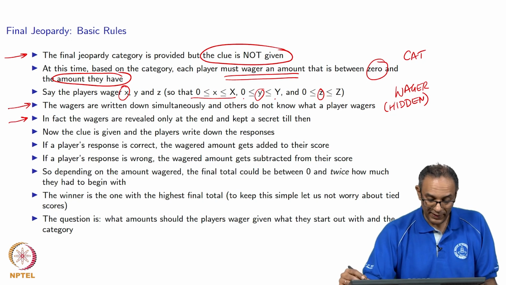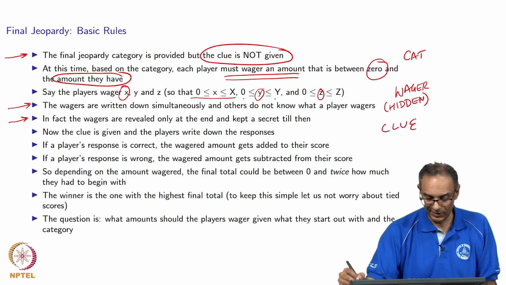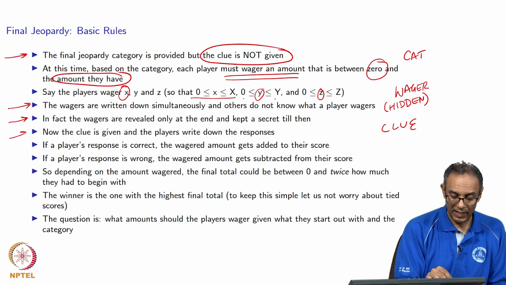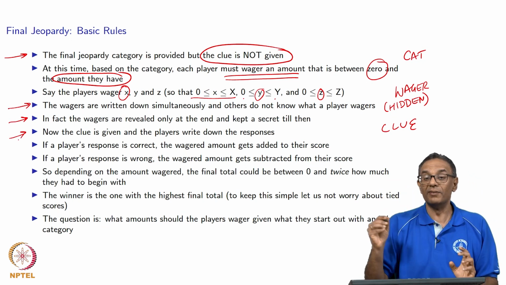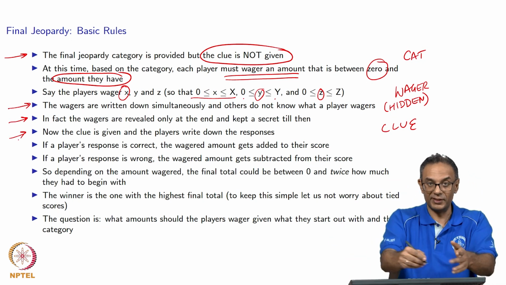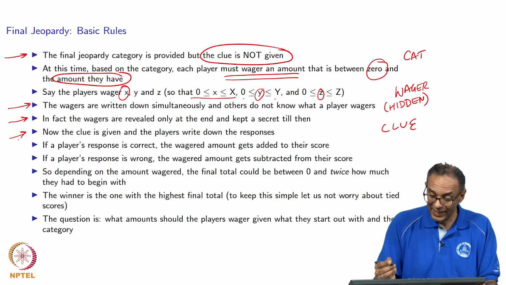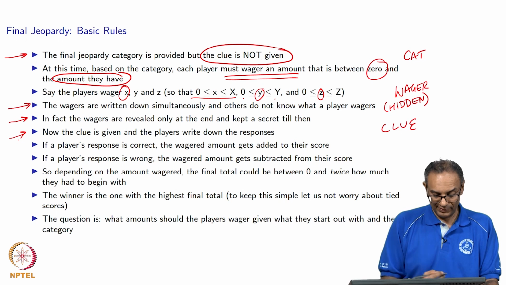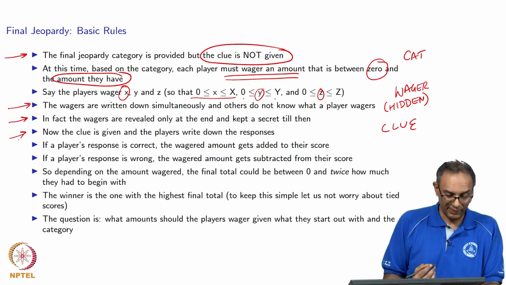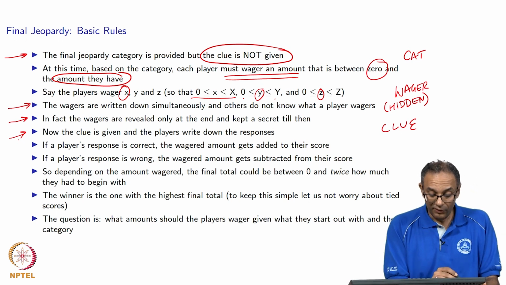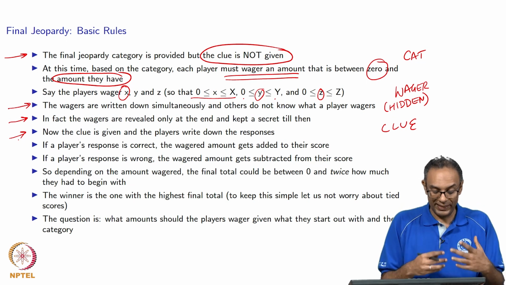The next step is the clue, or the question, is given. The players write down their answers on their screen, much like the screen that I am writing on right now. Then the quiz master, most likely Alex Trebek, will show what each person has answered.